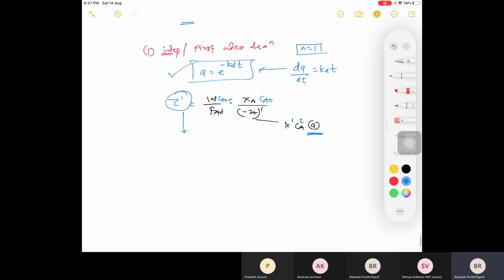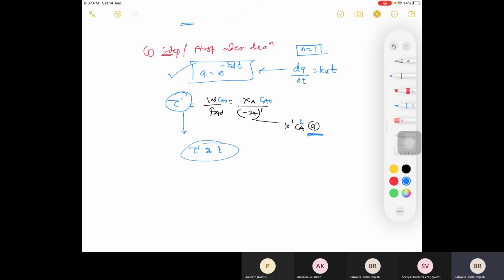So what equation will you get? It is similar to that. You just need to make arrangement in terms of tau and T. Tau dash I am writing because it is W divided by Fa naught.